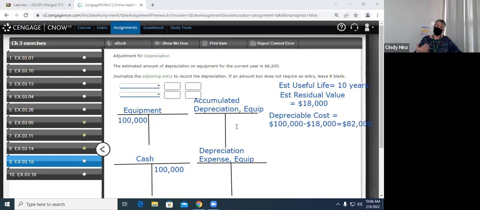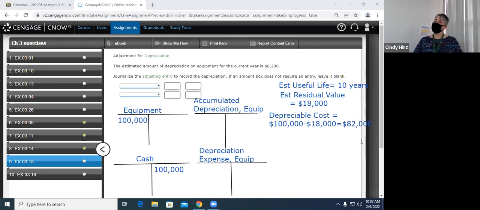And if you think about the matching principle, that's going to be the part of the cost of this equipment that we need to record as expense, because that's the part we're going to use up running the equipment in our business. So $82,000 represents the amount we need to record as expense for our business.